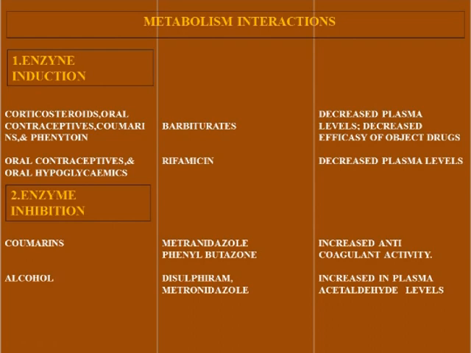So a fertile lady can become pregnant if she takes oral contraceptives with rifampicin. You need to increase the dose and monitor the patient if these two drugs are given together.